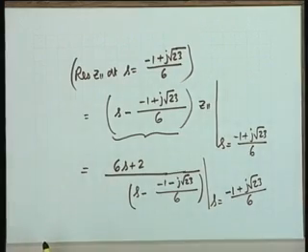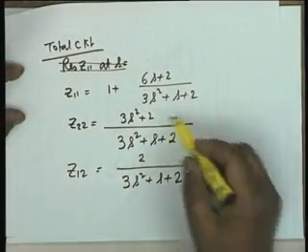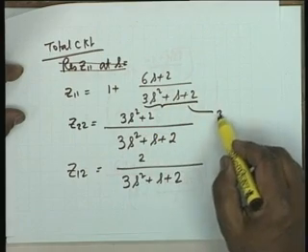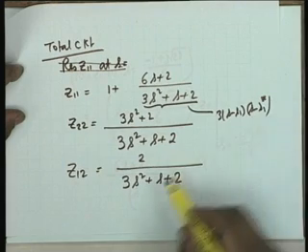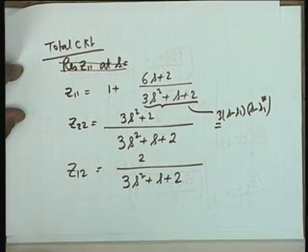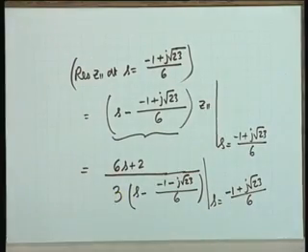You see, the factor here was 3s square plus s plus 2. Obviously, this would be s minus s1, s minus s1 star. That factor 3 has to be there. Isn't that right? Okay. So the factor 3 has to be there.